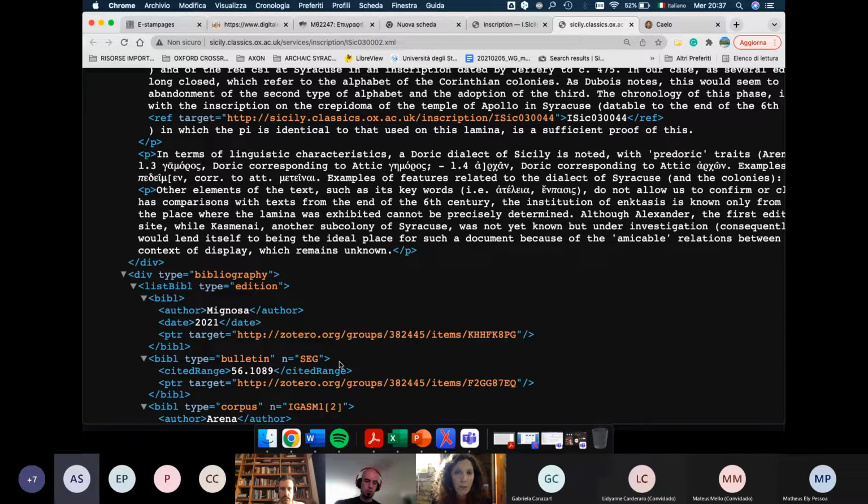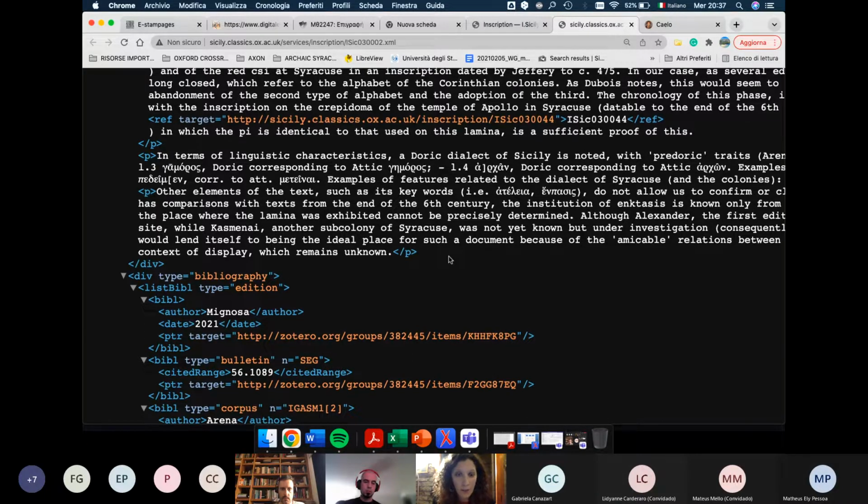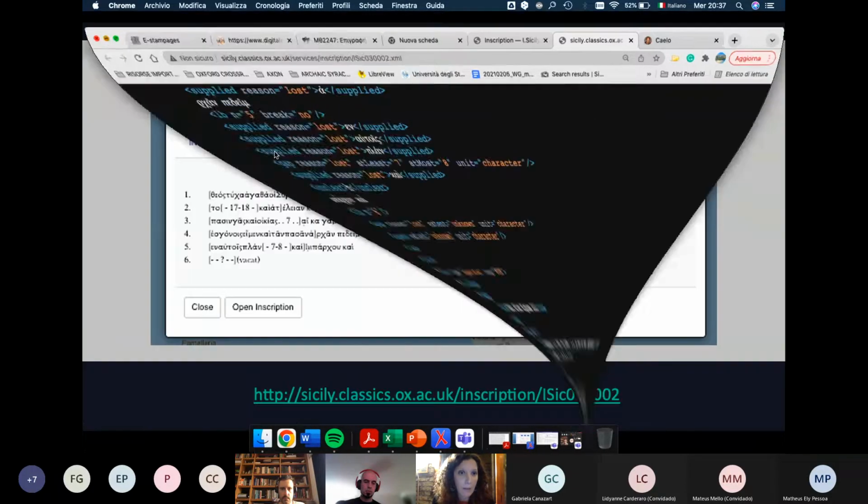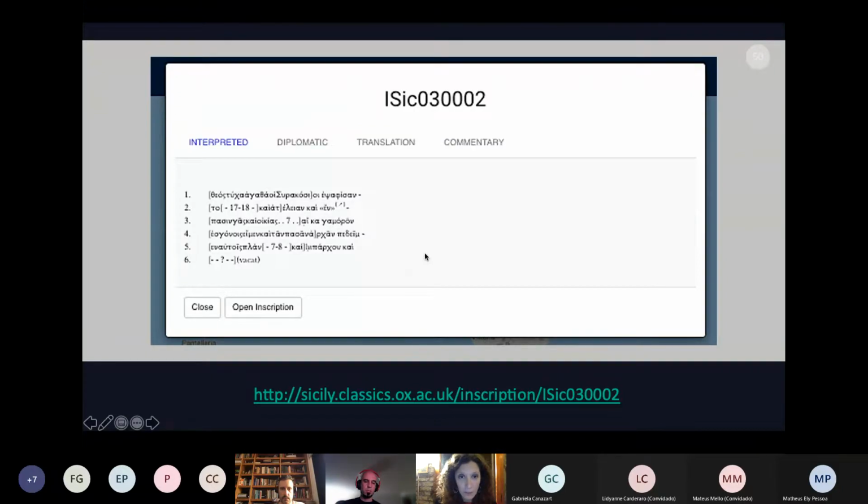And so in this way, systematize all the inscriptions, all the corpora, but in a more objective way. So this is one of today's challenges in digital epigraphy, and Sicily is just one project, but there are many others similar.